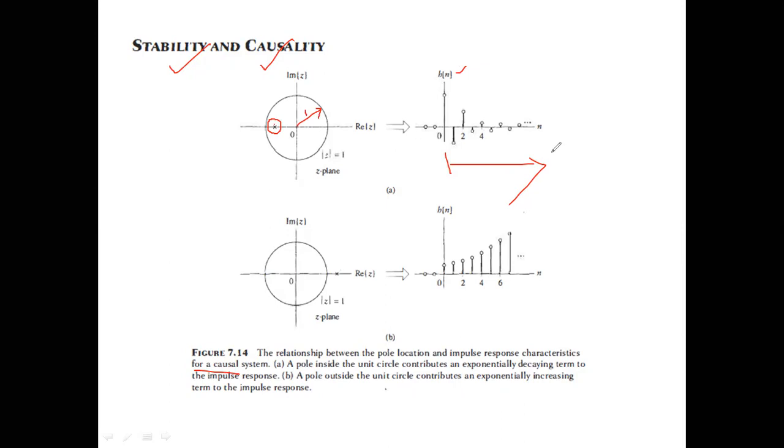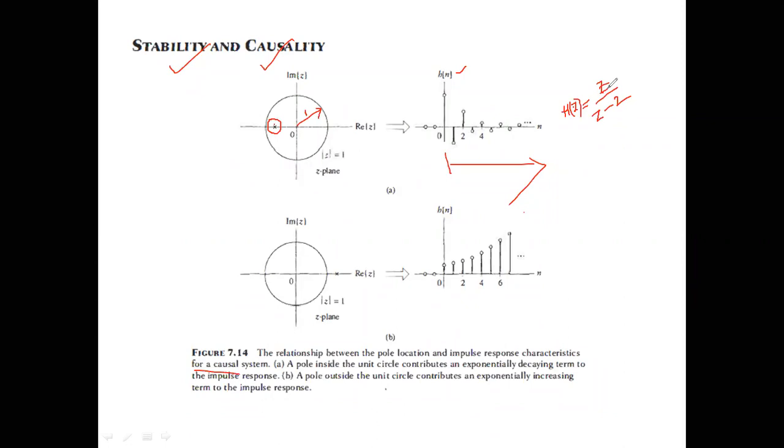Now if I take an example, H of z, what we are trying to do is predict the stability based on the transfer function. Suppose I have H of z equal to z divided by z minus 2.